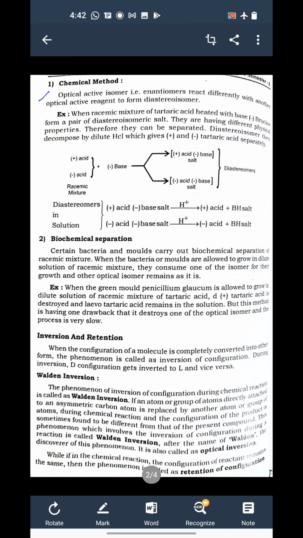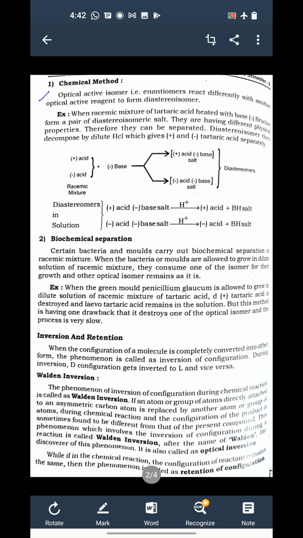So these are the two possibilities, and therefore two terms are used here. This was discovered by the scientist Walden, and therefore the name Walden inversion. The phenomenon of inversion of configuration during a chemical reaction is called Walden inversion.